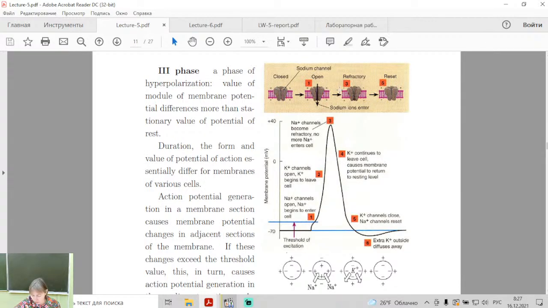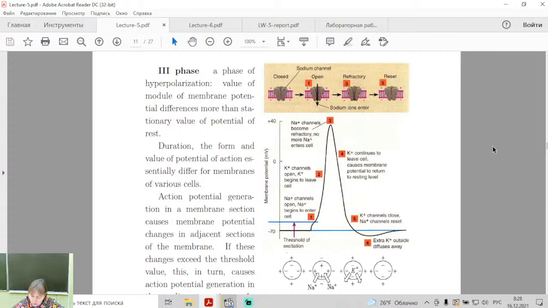The first phase is a phase of depolarization, a change of polarity of membrane potential difference. The second phase is a phase of repolarization, a reduction of the amplitude of the action potential and restoration of the polarity of membrane potential difference. And the third phase is a phase of hyperpolarization, where the module of membrane potential difference is more than the stationary value of the resting potential.